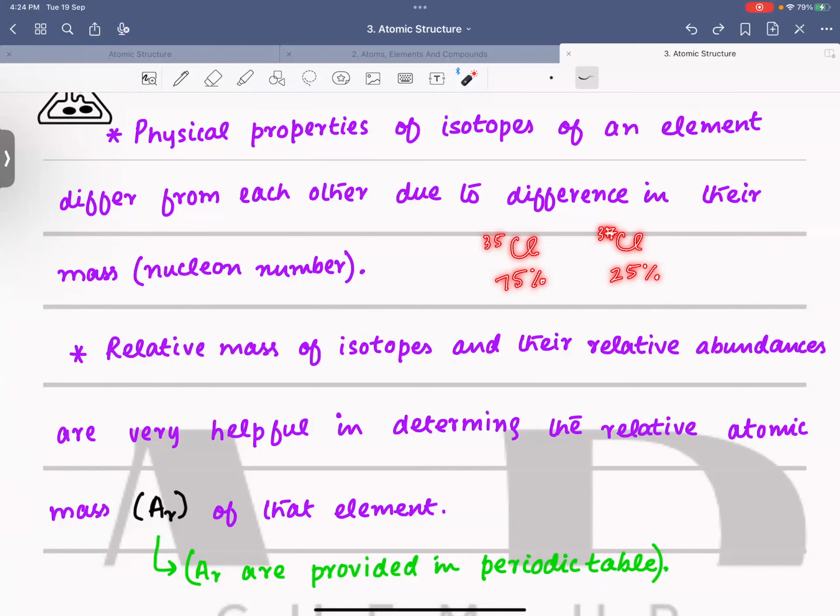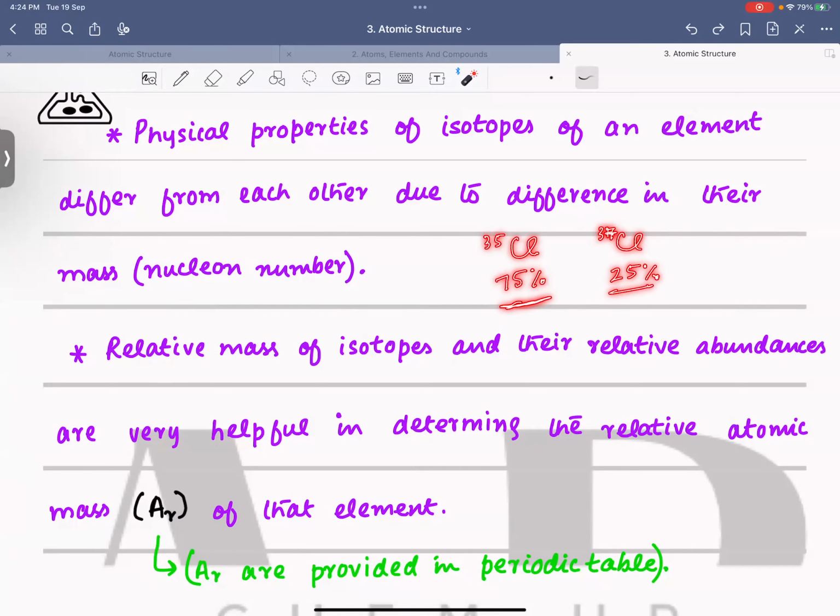It doesn't mean that one is 50% abundant and the other is also 50% abundant. It is not necessary. Their abundances differ from each other. So for chlorine, one isotope is 75% abundant, the other is 25% abundant. Is this clear?